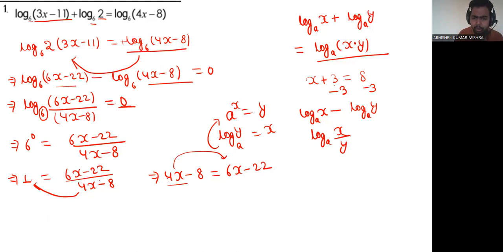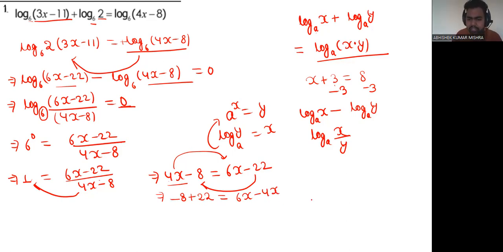This x is positive; when it goes to the other side, it will become negative. So I will bring this 4x to the other side, and this 22 is negative, so when I bring it to the other side, it will become positive. So I can write negative 8 plus 22 is equal to 6x minus 4x.